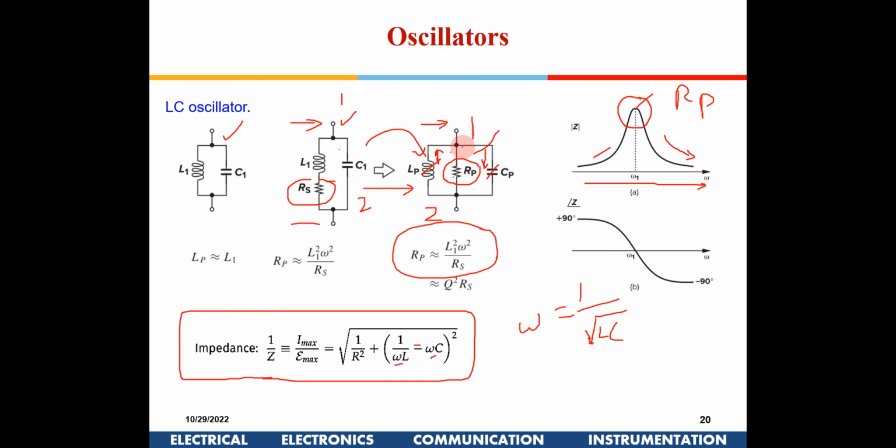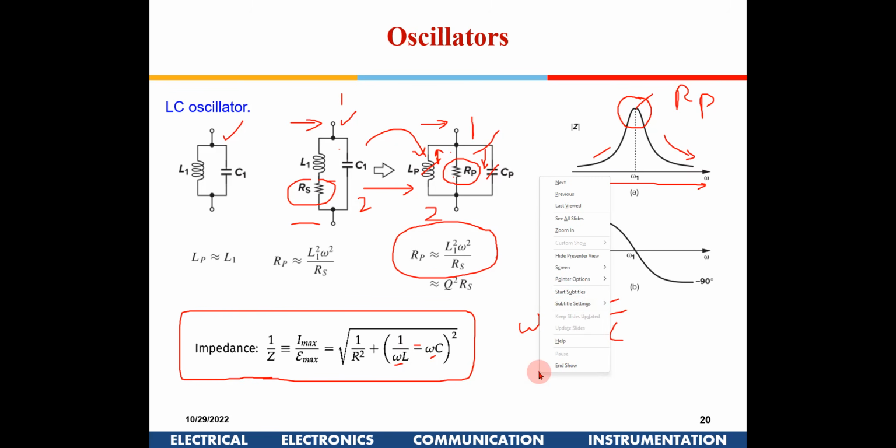In that case, the least current will flow. But if they are not getting cancelled properly, then there will be a net current which will be more than the current during resonance, so the impedance will be lesser. Now that can be out of phase, leading or lagging, depending on whether the capacitor is stronger or the inductor is stronger from this equation.